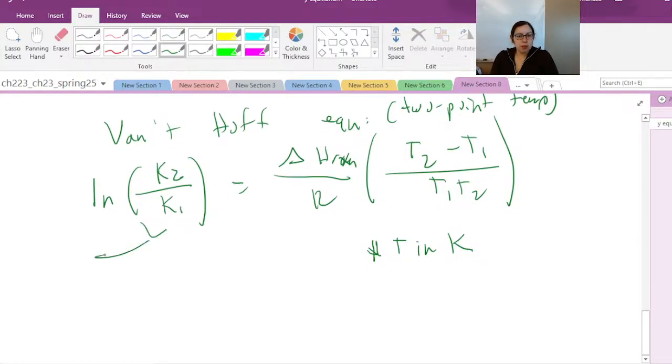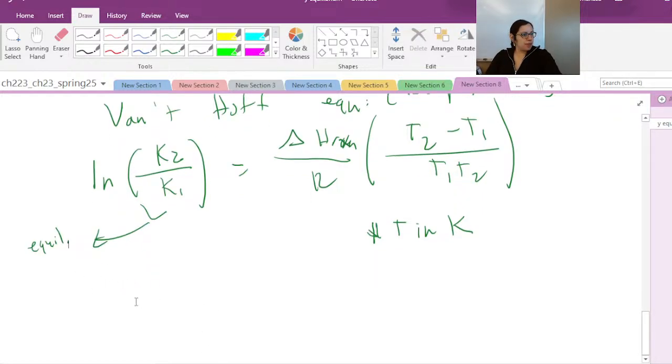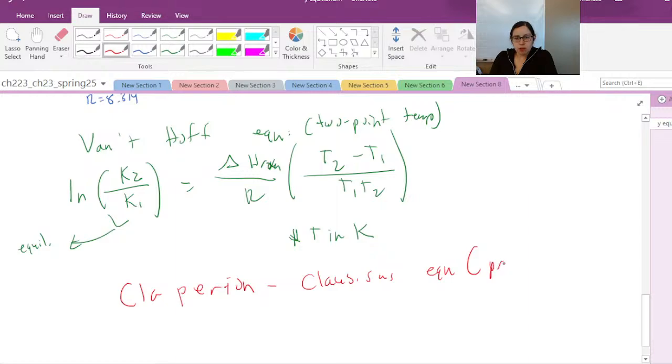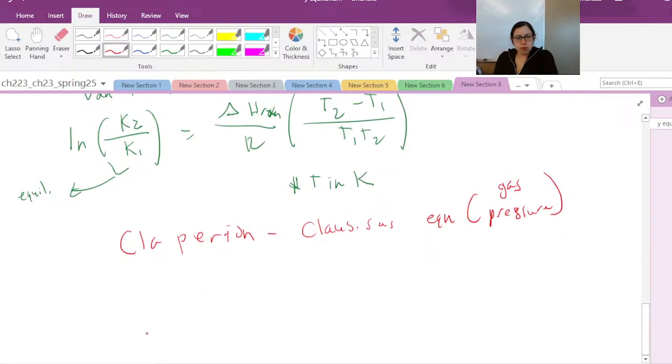These are just for equilibrium. And then we could also have the same for pressure. The Clausius-Clapeyron equation, which I probably misspelled. This is just, again, for gas. So it's going to be very similar, as you might expect.